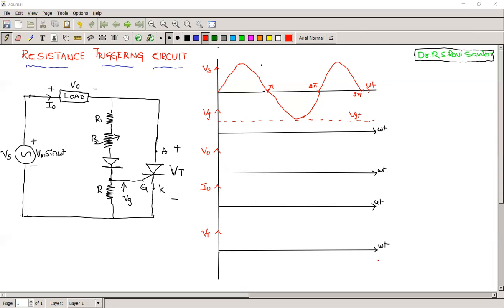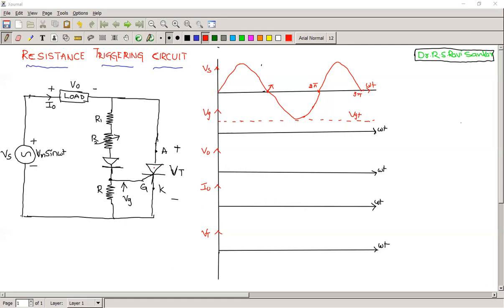This is the circuit diagram. This is the source, this is the load, this is the SCR. This part is the triggering circuit, which we are using to turn on the SCR.